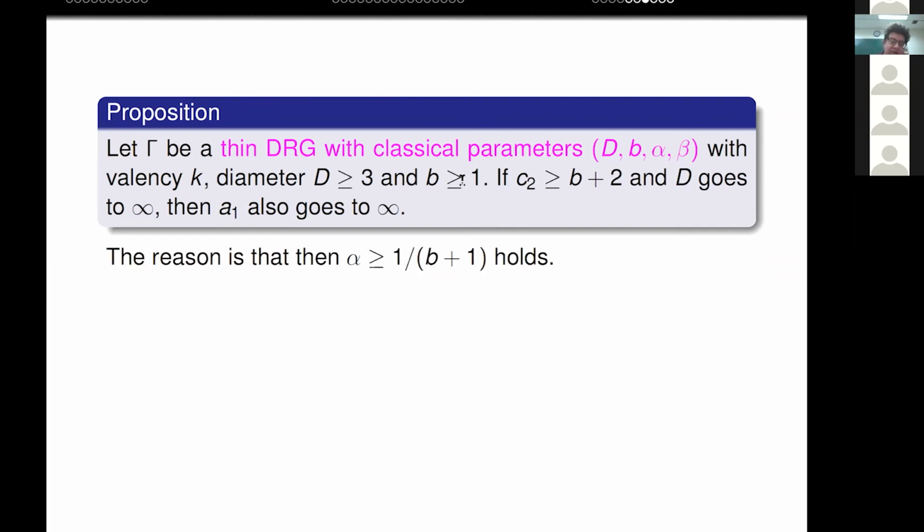The reason why this proposition holds is that in this case alpha is at least 1 over b plus 1, because c2 is 1 plus alpha times b plus 1.